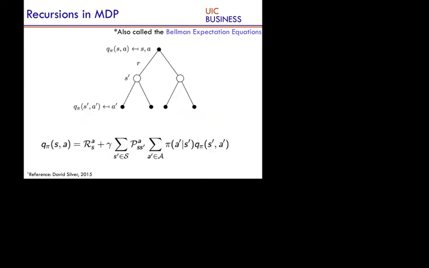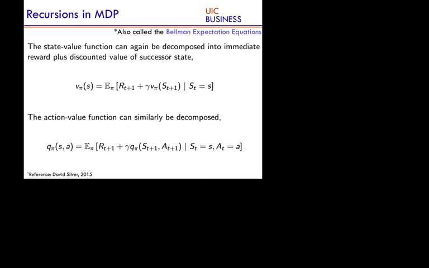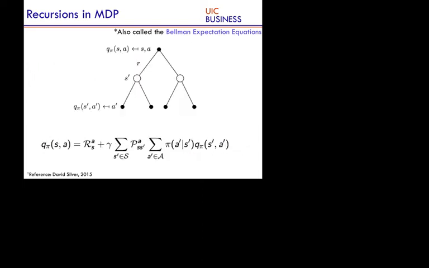So pictorially, this is what's happening. Let's denote the black dots by state-actions, so there was a previous state and an action taken, and the circles as usual by the states. Then this recursive equation from the previous slide, I've just removed the expectation and explicitly written it down.